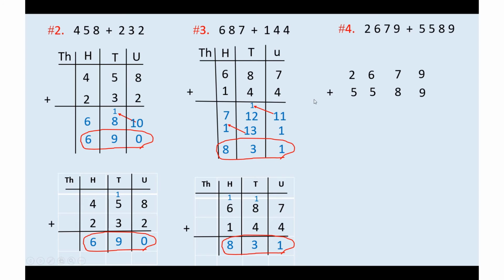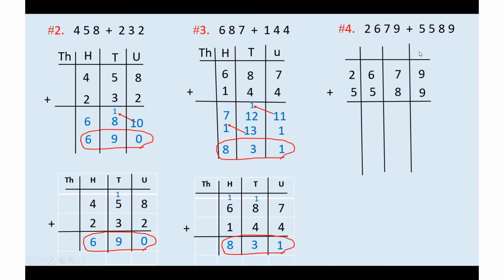We are adding. Let's mark out our columns and label the columns: units, tens, hundreds, thousands. So we have numbers in all the columns because the numbers are up to 1,000.